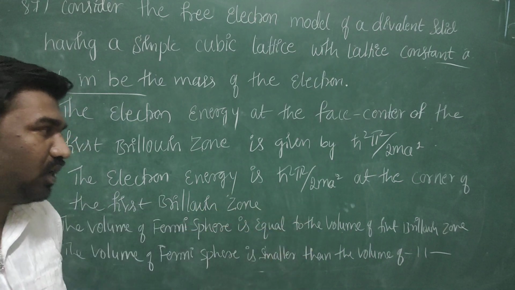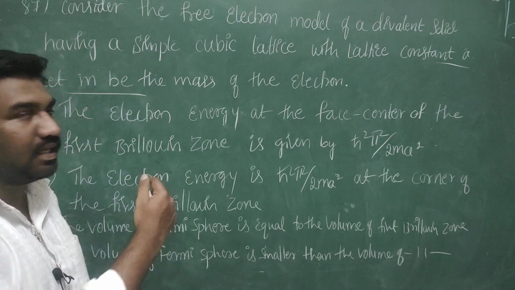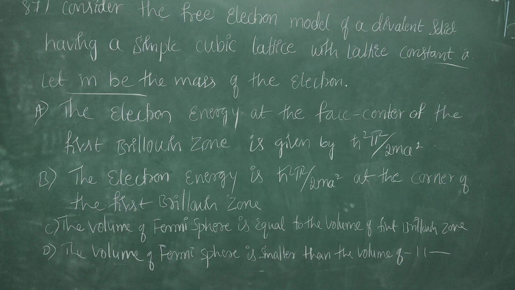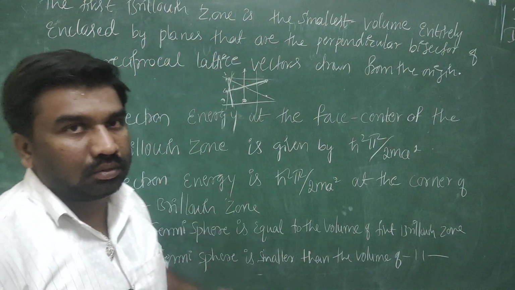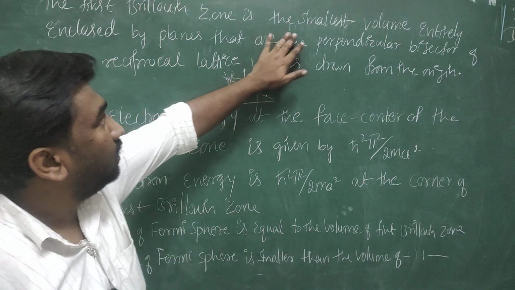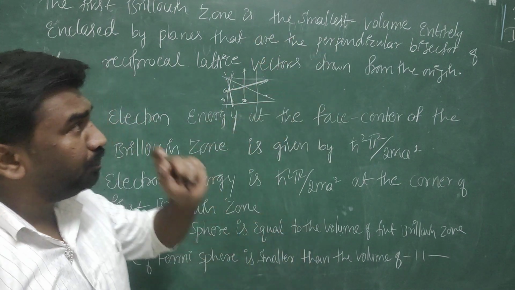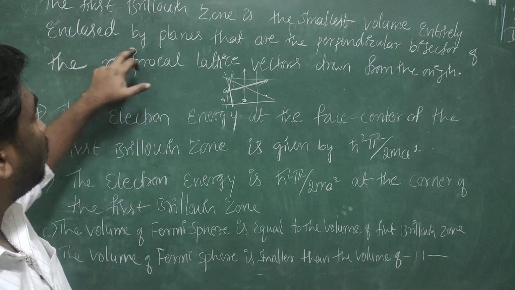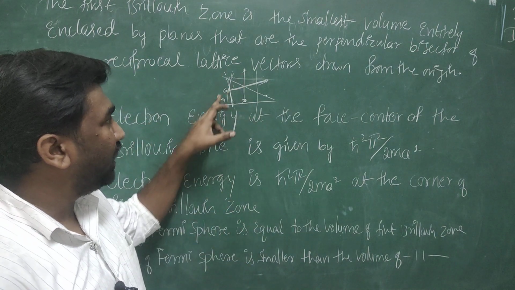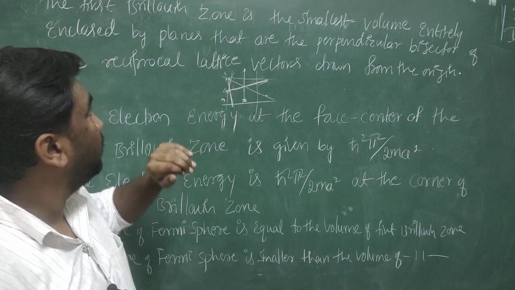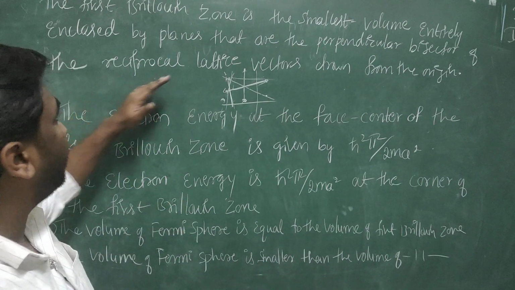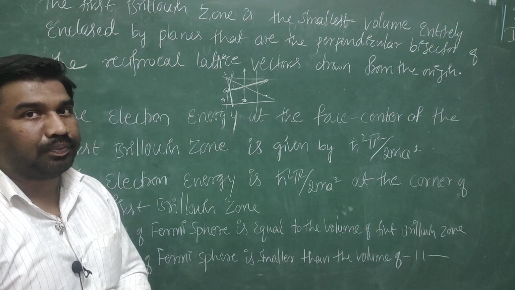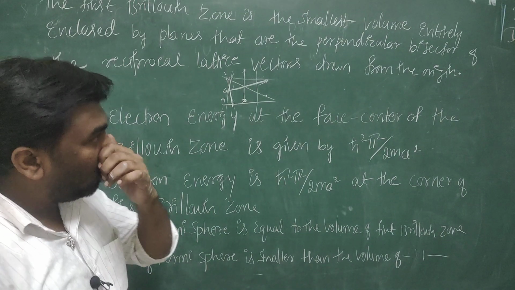So what is this first Brillouin zone? Let us see. The first Brillouin zone is defined as the smallest volume entirely enclosed by planes that are perpendicular bisectors of the reciprocal lattice vectors drawn from the origin.